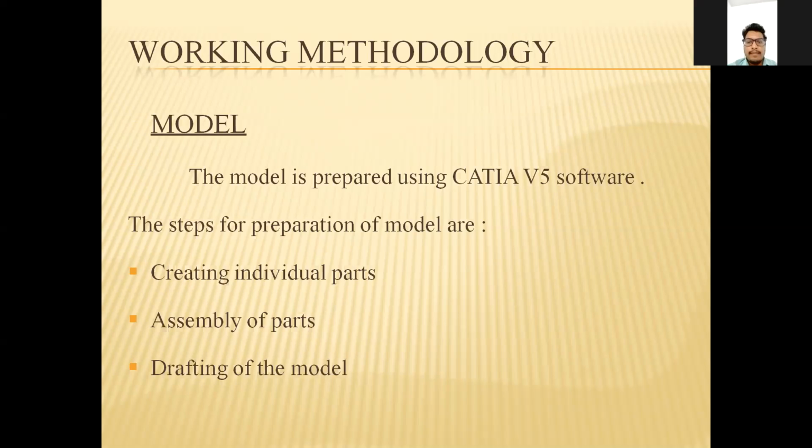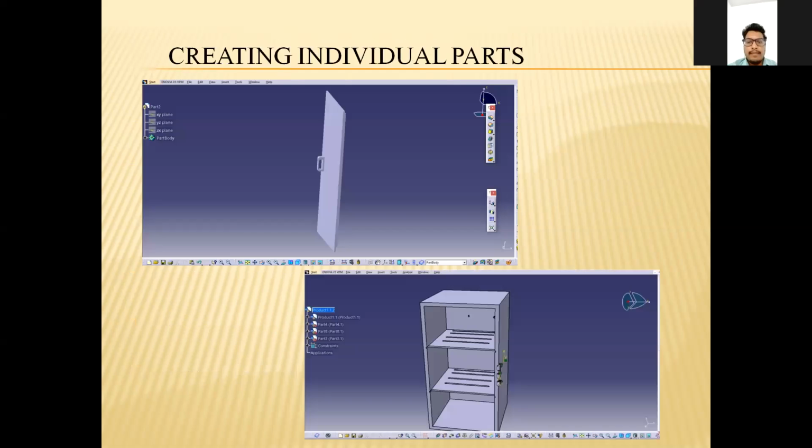Here we have used CATIA, computer aided three-dimensional interactive application, version 5. The steps in creating a model are creating individual parts, assembly of parts, and drafting of the model. In the first picture we can see a part, a door with a handle. The handle is used to open the door, and also to close the door.